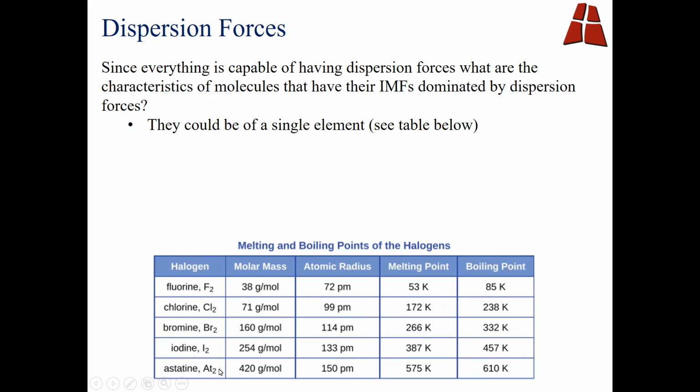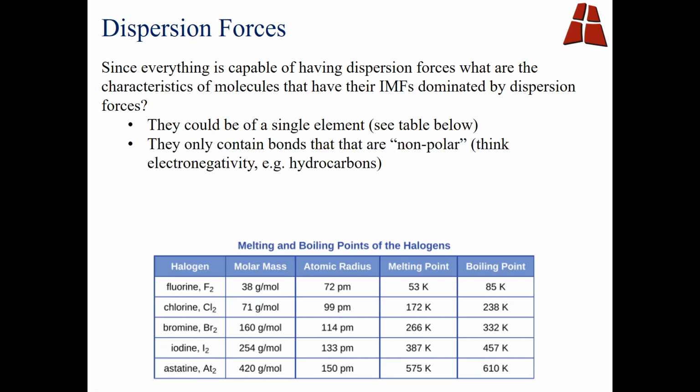That's just going down the column. They're all, again, just one element present, despite there being two atoms. All of these also contain bonds that are nonpolar. So ultimately, things that are the most nonpolar tend to be of the same element, but we could also have things like hydrocarbons that also have nonpolar bonds.